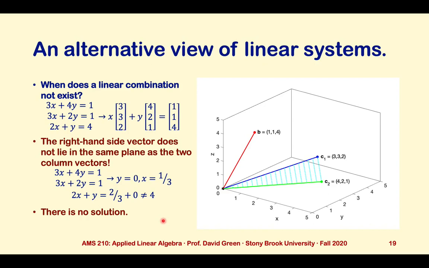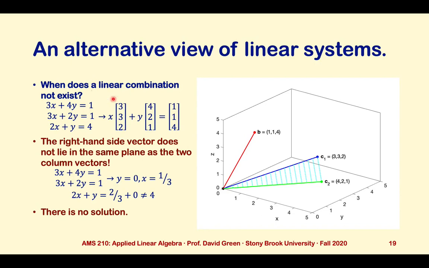One more example. What does it mean when we don't have a solution? We saw that one of the possible outcomes is that we don't have a solution. Let's take an example that doesn't. Here is a system of 3 equations in 2 unknowns. In the original view, we would say, this is 3 lines in 2 dimensions. 3 lines in 2 dimensions often don't intersect at the same point.